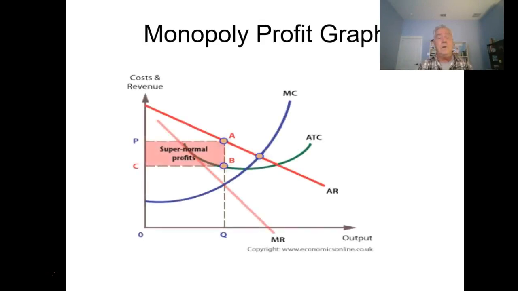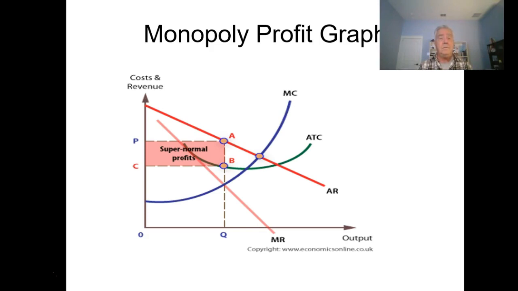Monopoly profit. Here we go. The old demand and supply curve issue. Okay? Look at marginal cost as though it's the supply curve. Look at marginal revenue as the marginal revenue he will receive, and look at average revenue as what he can price it at. So what you see happening is that at the point B, let's assume in this case that our monopolist can sell it at a price that's measured by a line from P to A. Okay. His costs, however, are down in the B area.